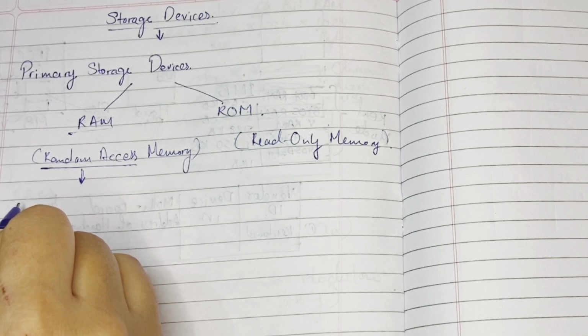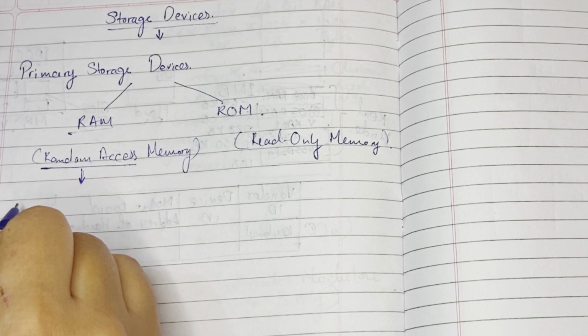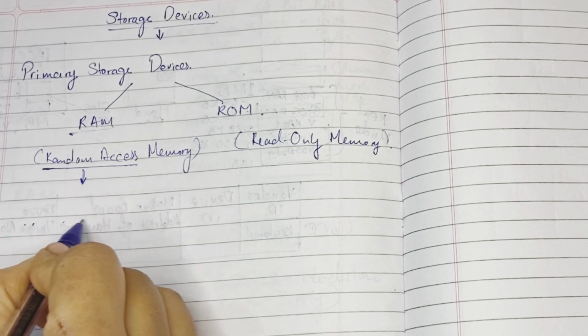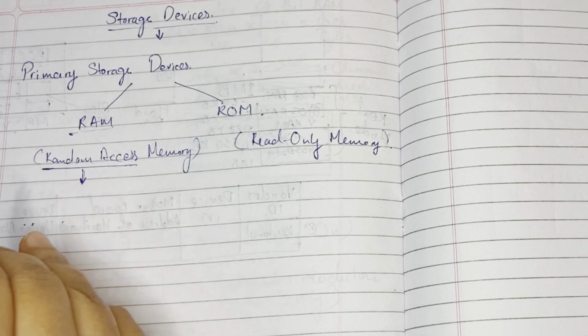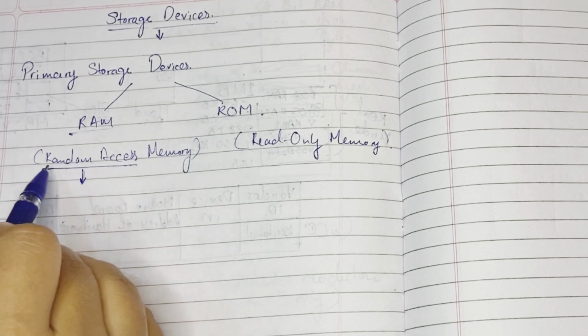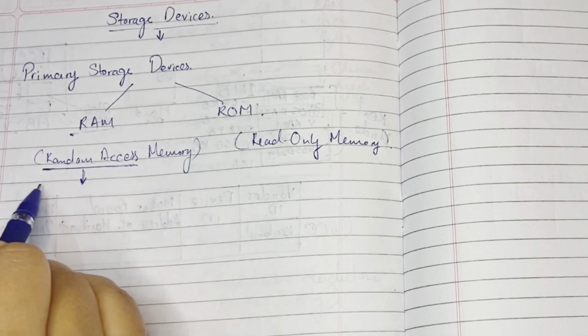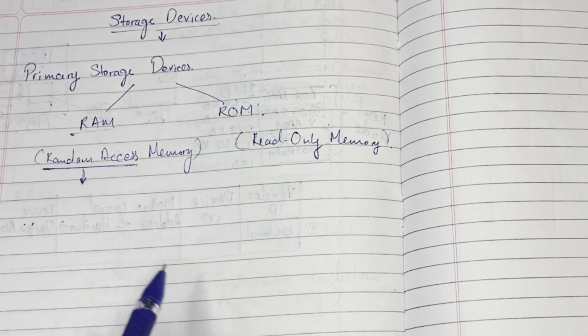We don't have to go serially. That is the case with tape. Earlier there used to be tape recorders, and we used to insert those tapes. In those tapes, we can't seek over it; we have to play it serially. But that is not the case in a DVD. Similarly, random access means it is accessible randomly.